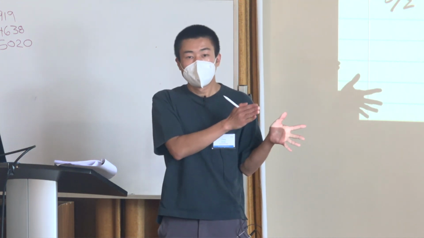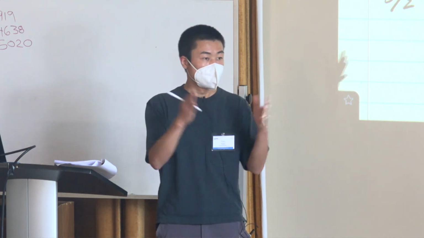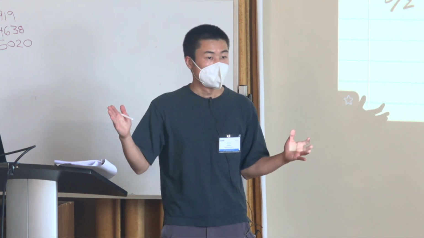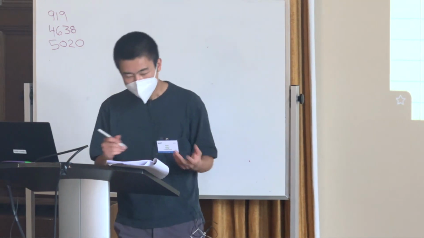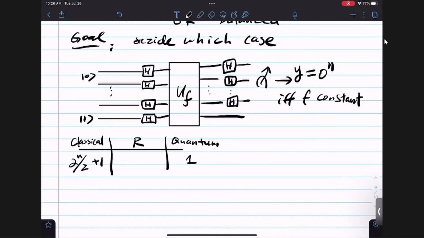So we don't need many samples in order to see two different outputs. And you can, by just a little bit more analysis, in fact, with just a linear number of queries, n queries, be able to tell the two cases, at least with overwhelmingly high probability. But still, it's not going to be perfect.